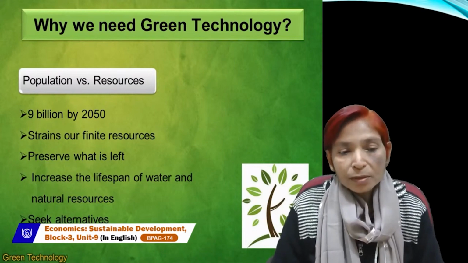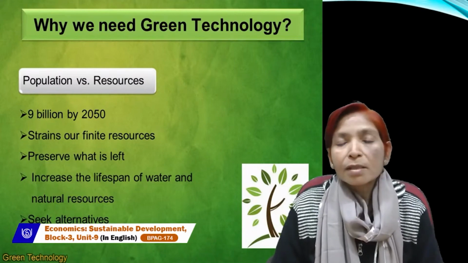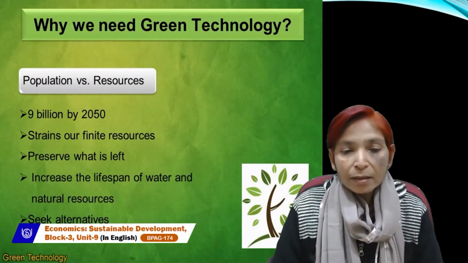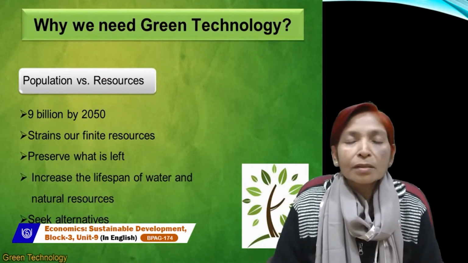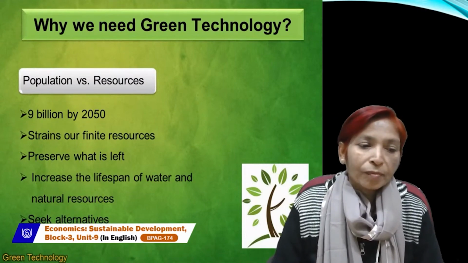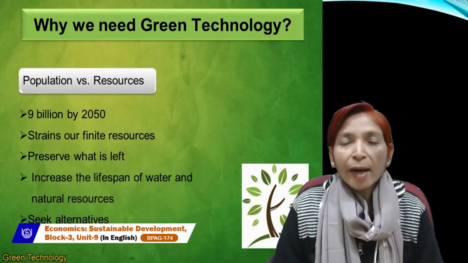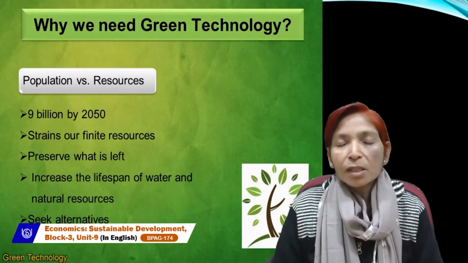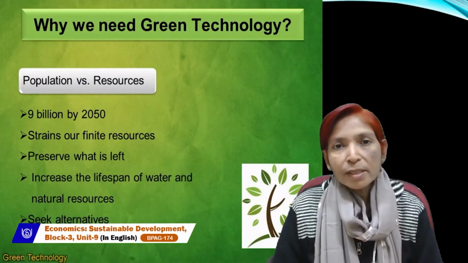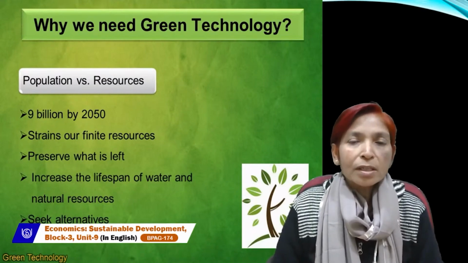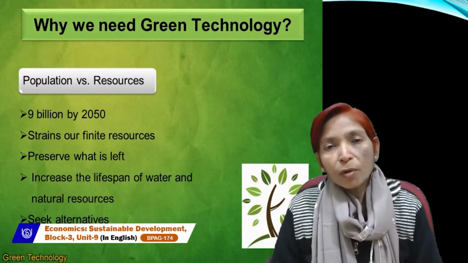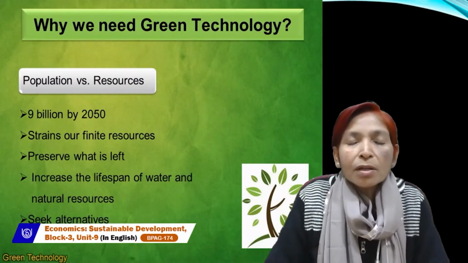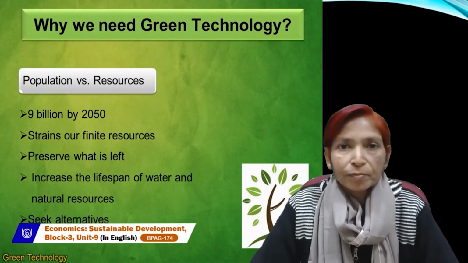We have to preserve the resources that are left, and increase the lifespan of water and natural resources. And we should find alternatives for renewable resources, those which can be regenerated, and we should use more renewable resources, and find alternatives to non-renewable resources.